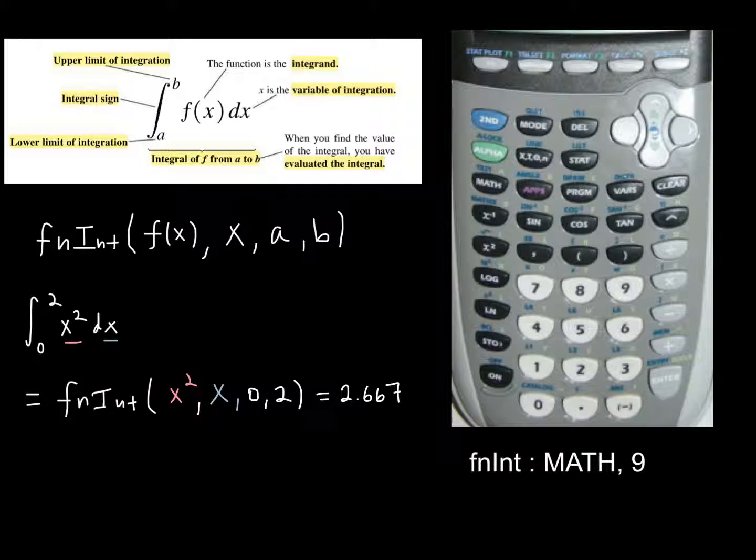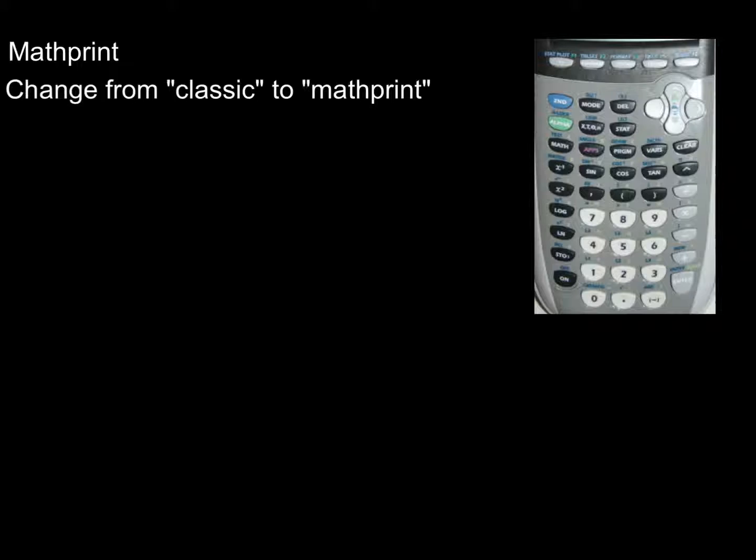Okay, let's go ahead and take quickly a look at what happens if you use math print instead of the classic mode. Alright, let's change from classic mode now to math print. So go back to your mode, scroll down to the second page and select math print instead of classic. Once you've done that, you can try to do the same integration that we just did, except now it'll look slightly different.